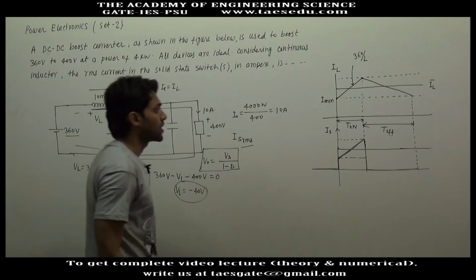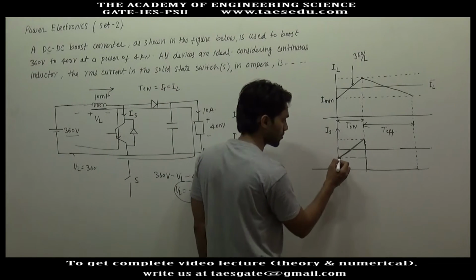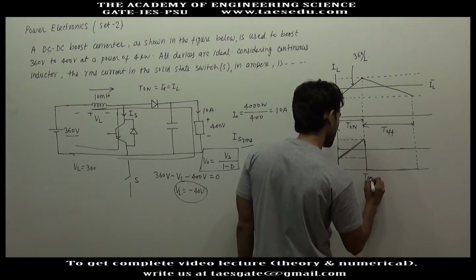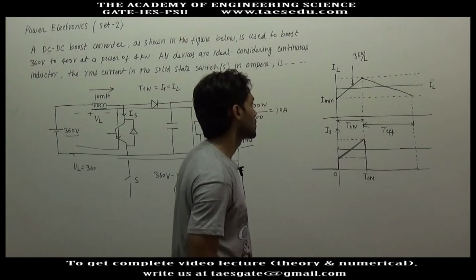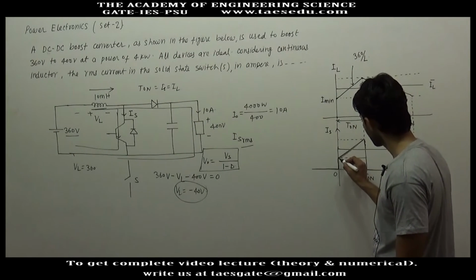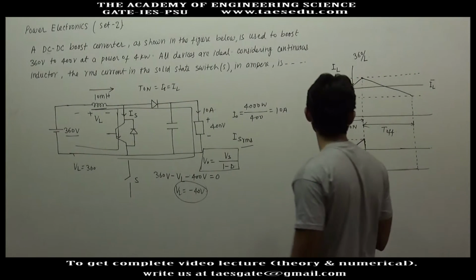This is the graph of switch current. To find the RMS switch current, we first need the equation of this line from 0 to T on. To find the equation of this line, we need the minimum and maximum or average value of inductor current.